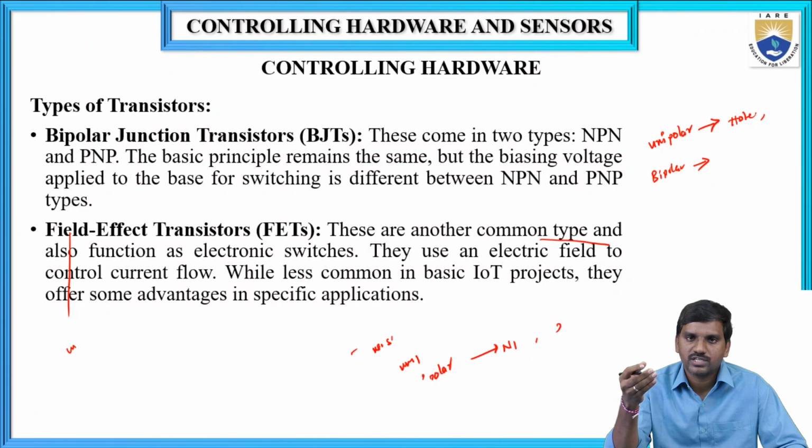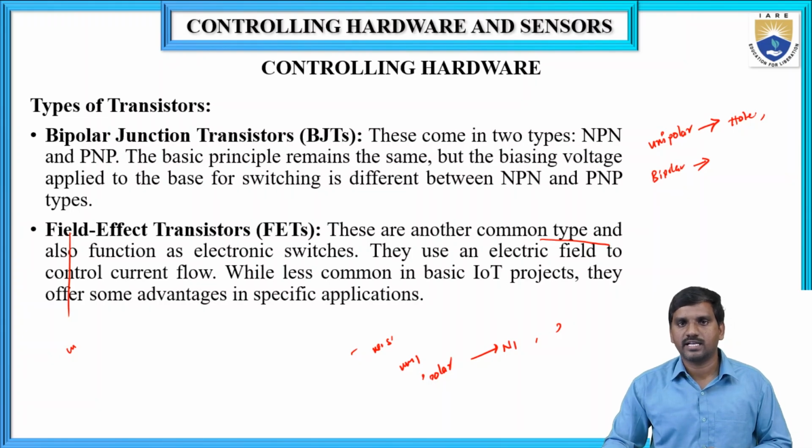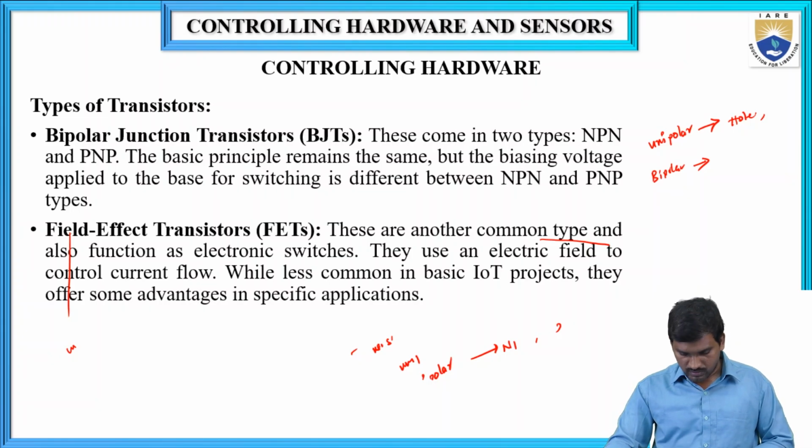So that is the main difference between unipolar junction transistor and bipolar junction transistor. The bipolar junction transistor consists of NPN and PNP transistors. Unipolar junction transistors have different types, and one of them is the field effect transistor, shortly FET.